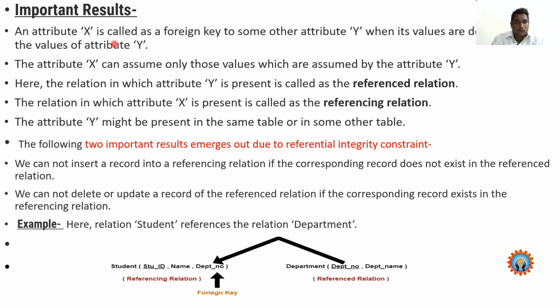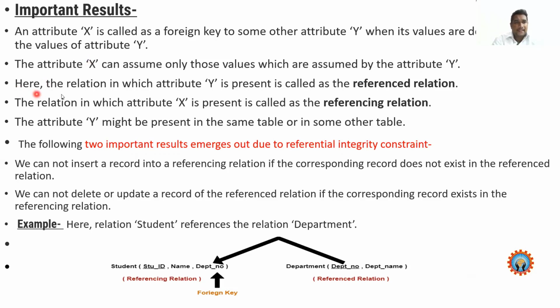So one is the foreign key for one relation and another one is the primary key for another relation. So the attribute X is called a foreign key, which can assume only those values which are assumed by the attribute Y. That is, whatever values are available in Y, the master table, should be available in the child table attribute X.